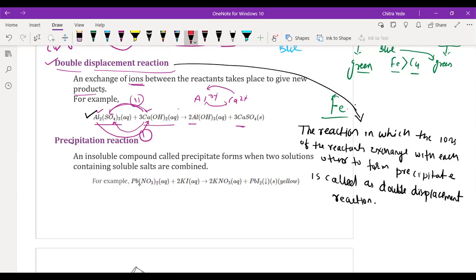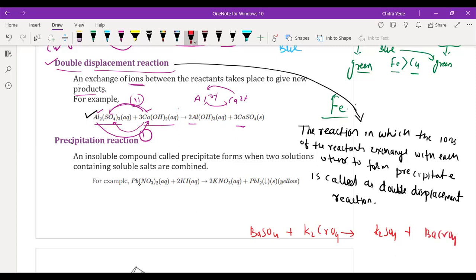Suppose we have taken barium sulfate, BaSO4, and we are going to react barium sulfate with potassium chromate, K2CrO4. When they react with each other, they form K2SO4 and BaCrO4.